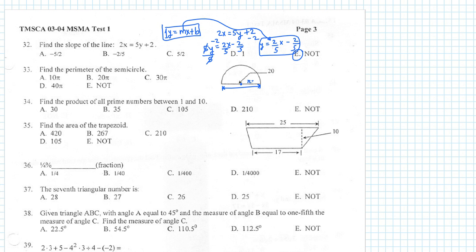So R is equal to 10. Now the perimeter of this semicircle is basically the length from this point all the way to the other point and the length along the diameter over here. So that's the question.